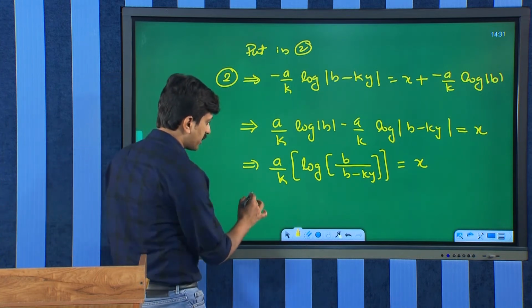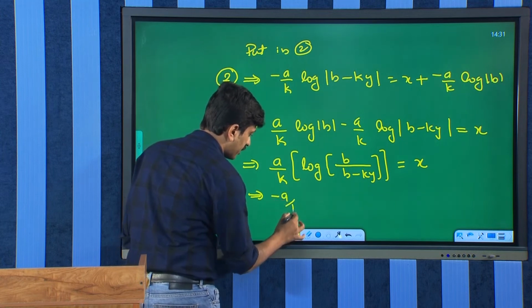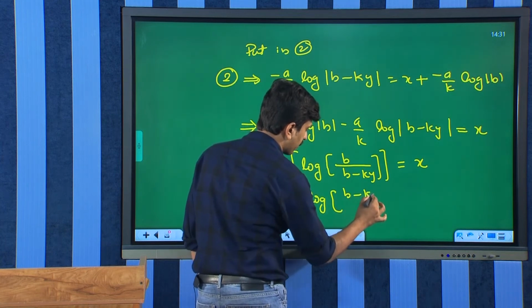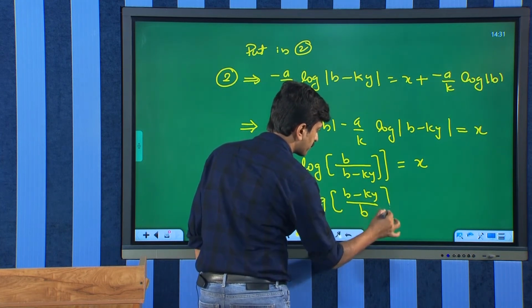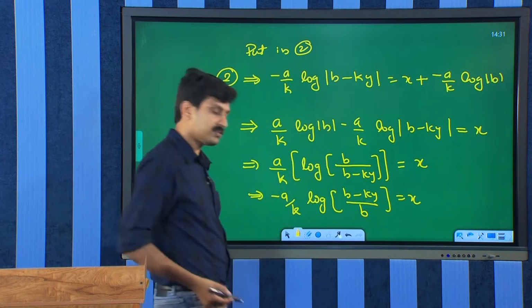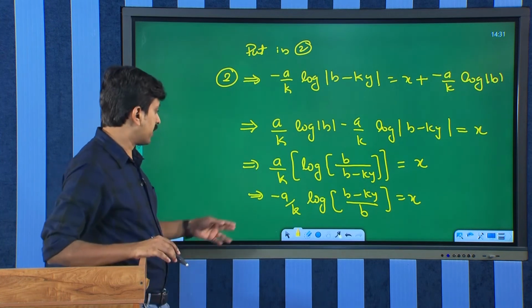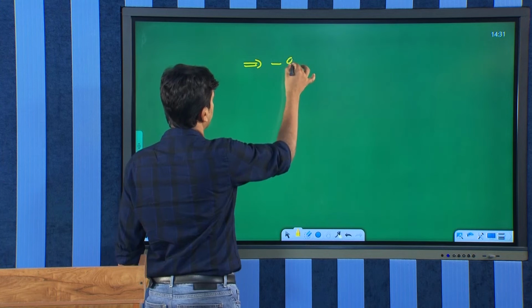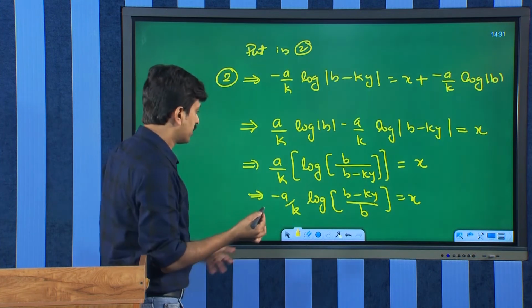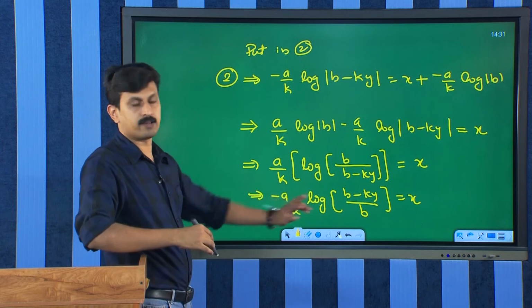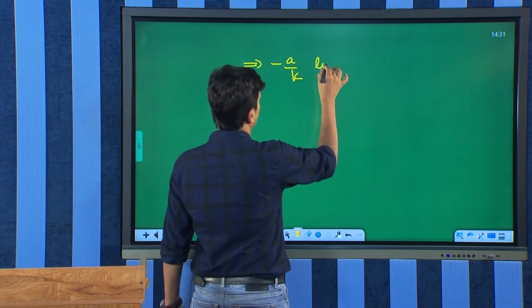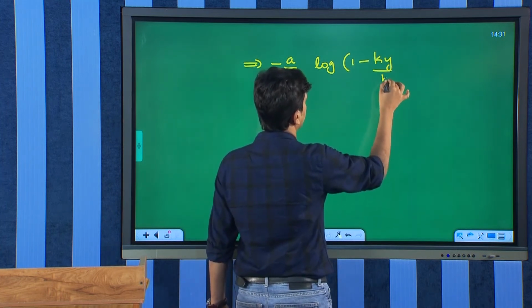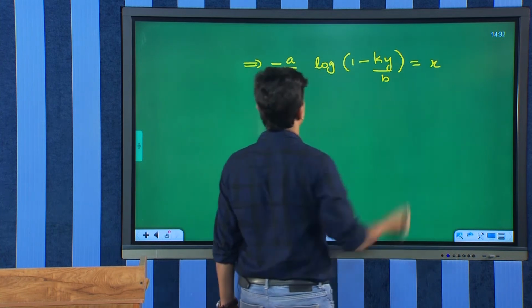Okay. So, if we take this minus a by k to here, we can write this as minus a by k log mod 1 minus ky by b is equal to x.